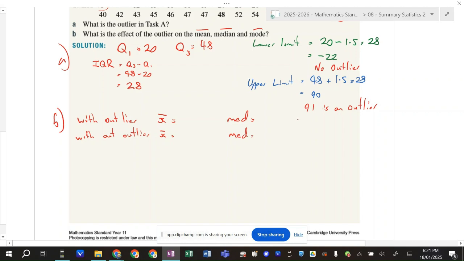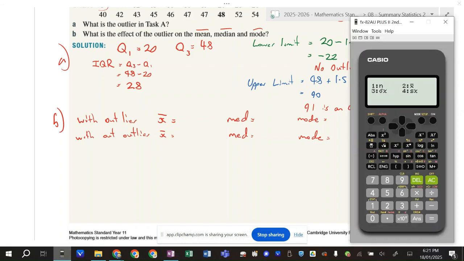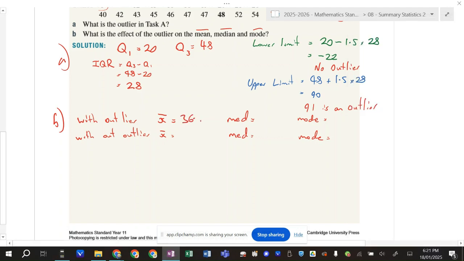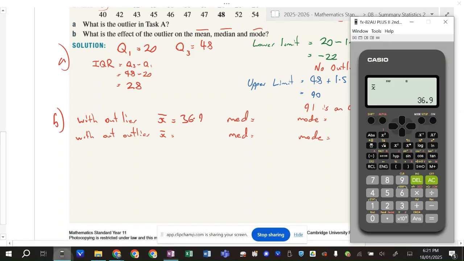And then what was the last one they wanted? The mode, wasn't it? And let's have a look and see what they've done. So I've written all that down just so that I've got somewhere to put it all. Go back to my calculator. So I want number 2. So this is still with the outlier. 36.9. Cool.